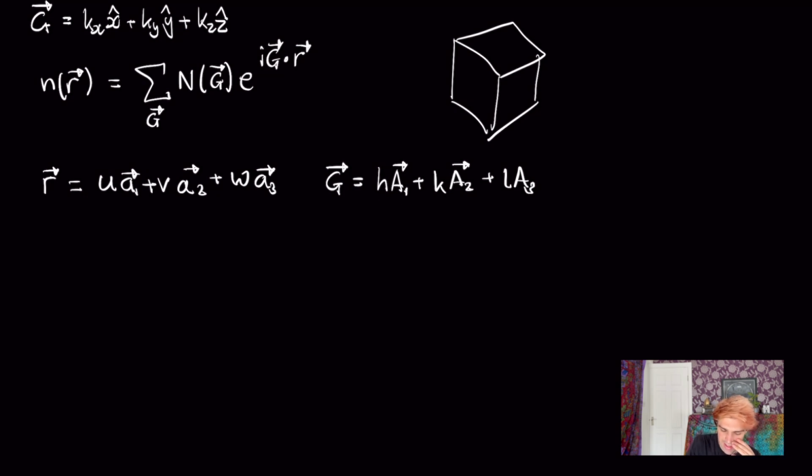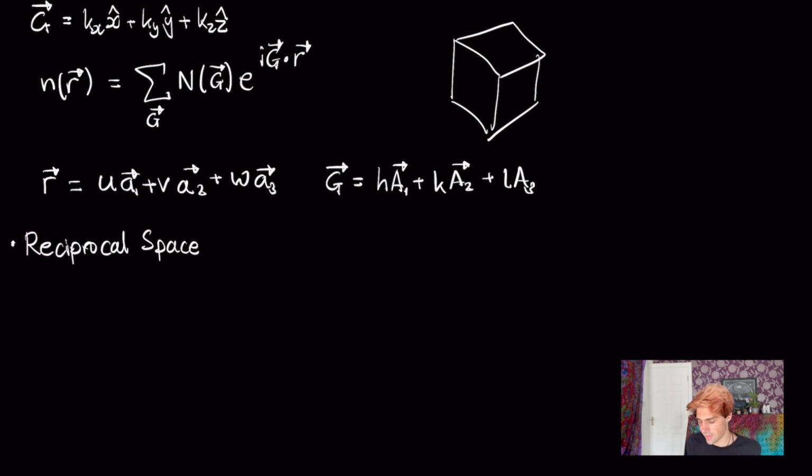So this h, k, and l are inverse space terms, and A1, A2, and A3, in a very similar way to how these vectors describe a cell in the real world, describe a translation in this G world. And we call this G world the reciprocal space right here.